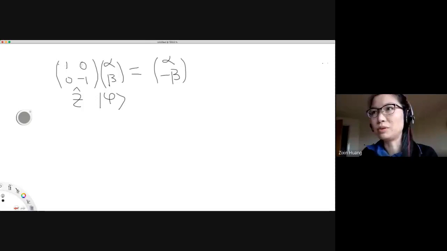This is just matrix multiplication, so you put a -1 on the beta.